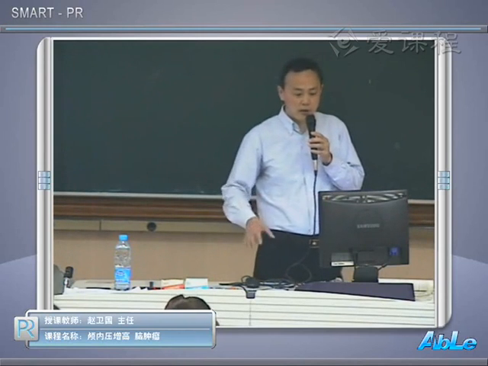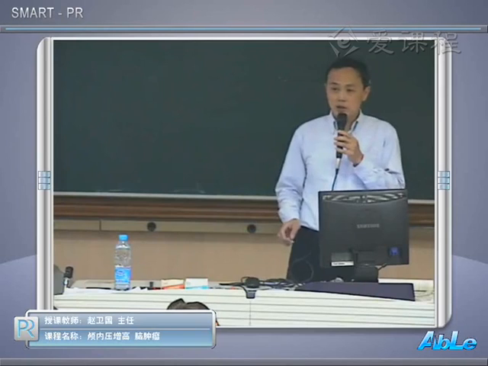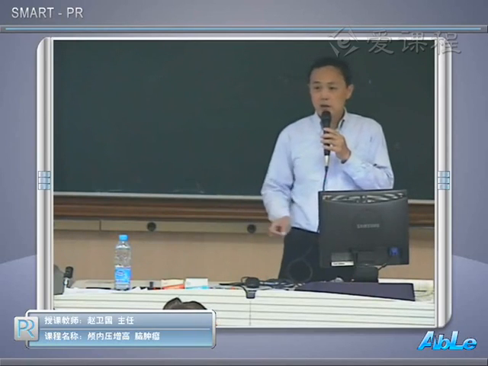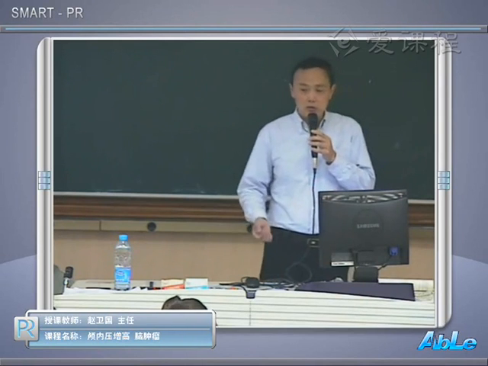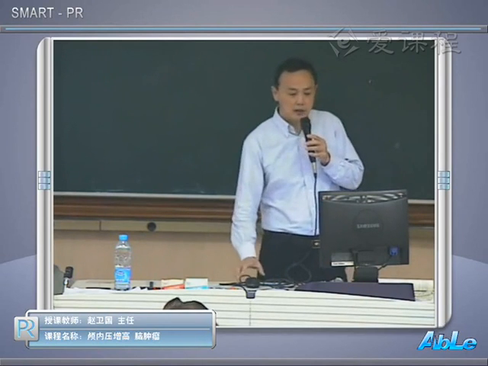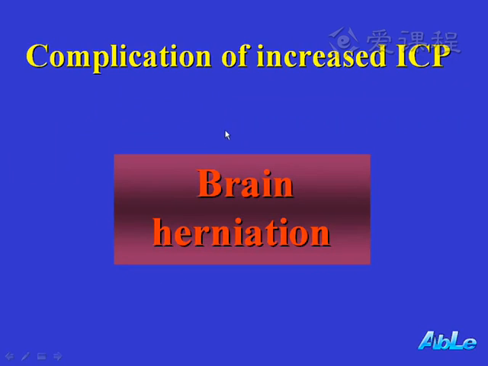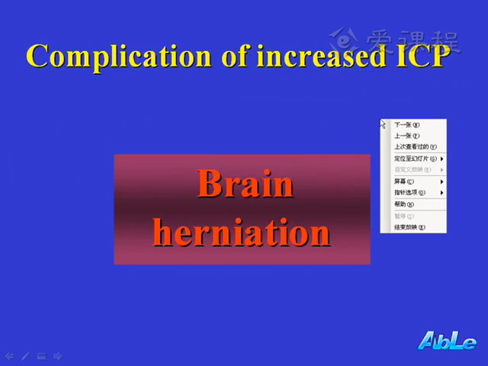When we reach the critical point, only a few milliliters of volume increase will get a huge, sharp increase of ICP. In that case, brain herniation will occur. So what is brain herniation?